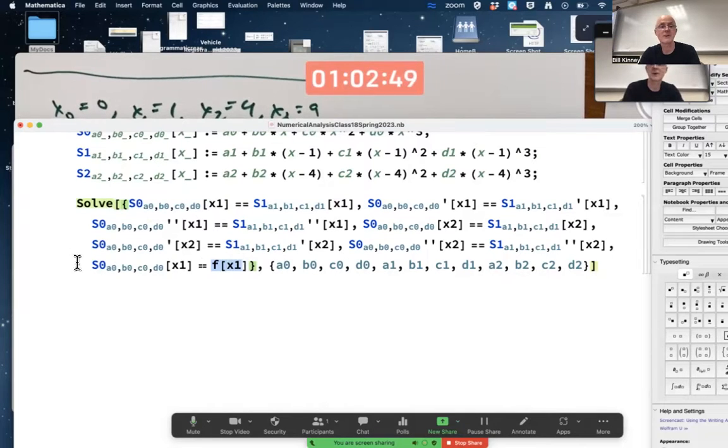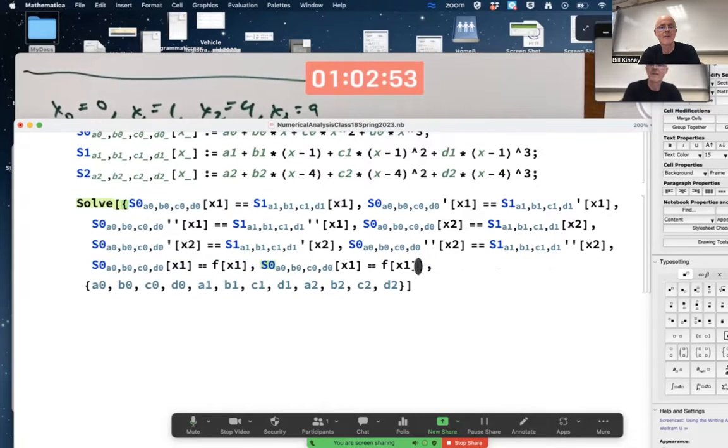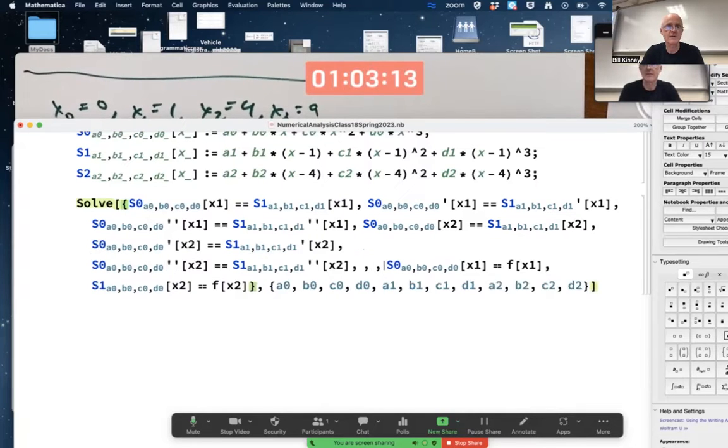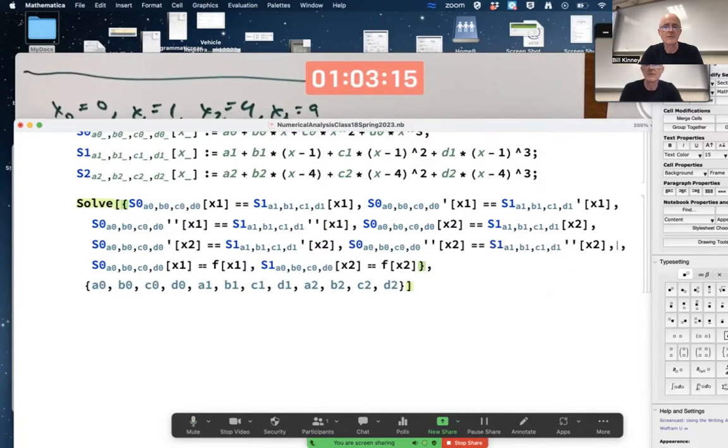Solving a bunch of equations simultaneously here. We want S1 to equal f of x2, and S2 to equal f of x3. Okay, depends on what you want. We do want them to equal all the nodes, including the 0th node and the third node.